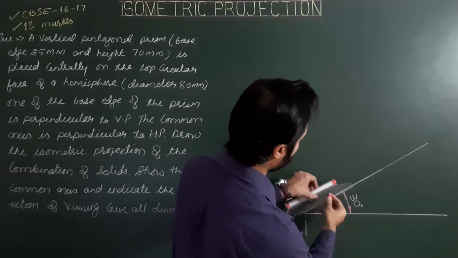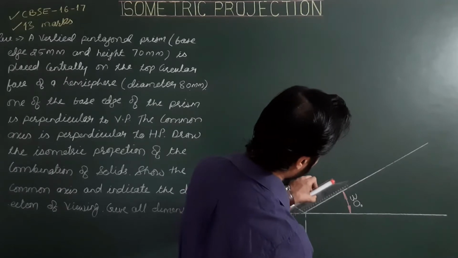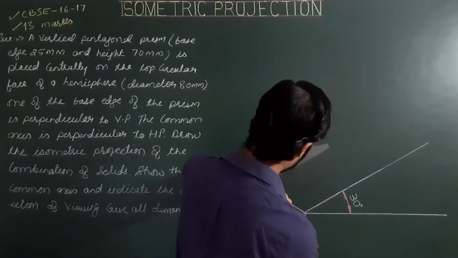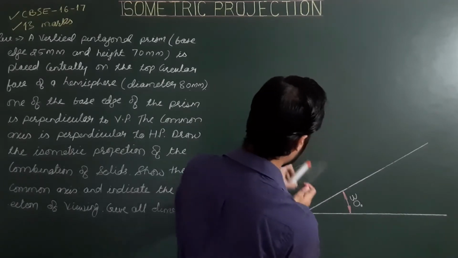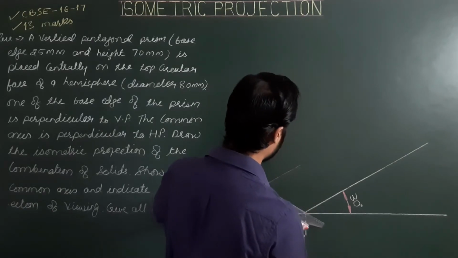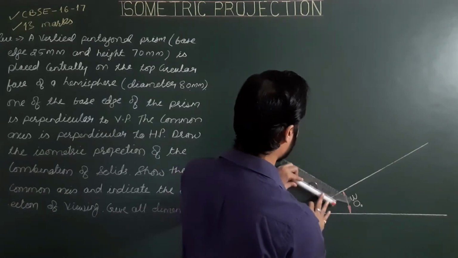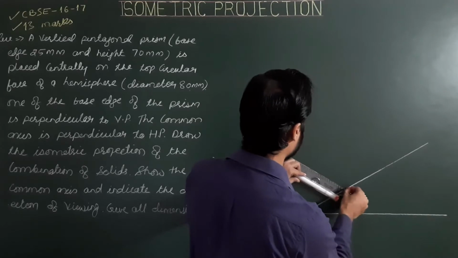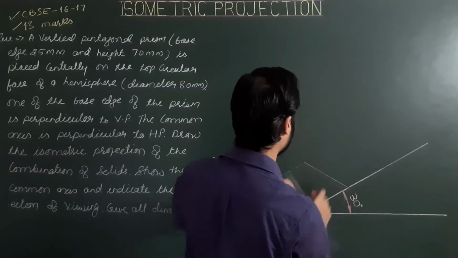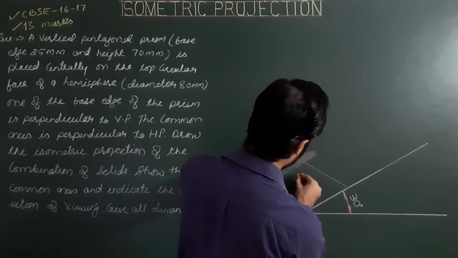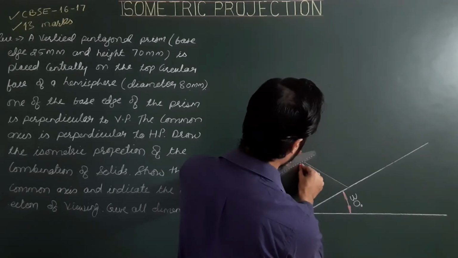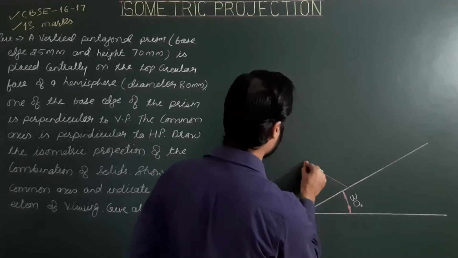Then from these 2 points, draw lines parallel to the first and second iso-axis. The common intersection point obtained by extending these lines is the center of the projected square.